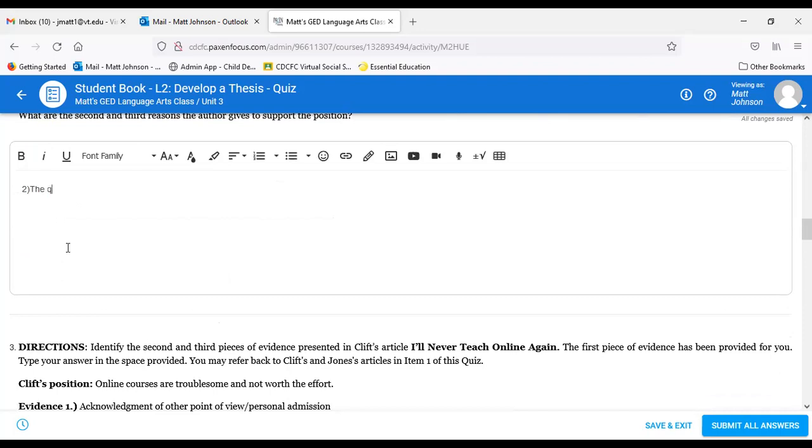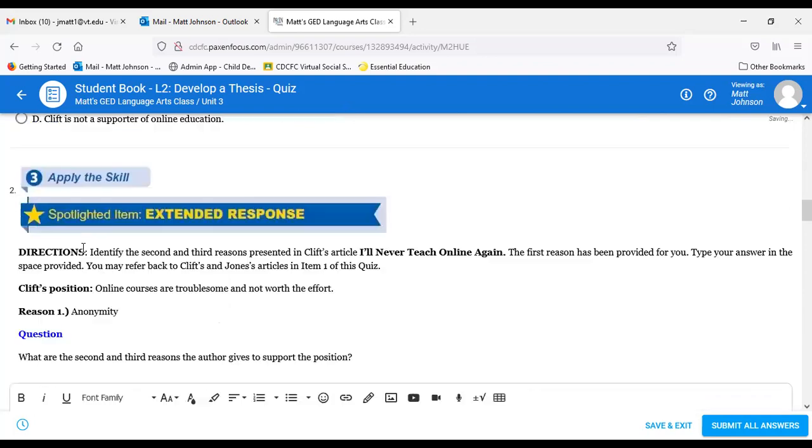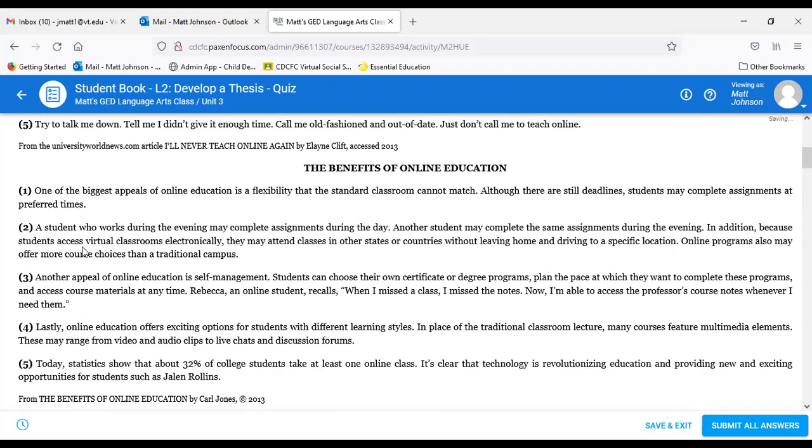So put the quality of education is compromised. Make sure I'm spelling this right. And we'll put another sentence there addressing that second part.